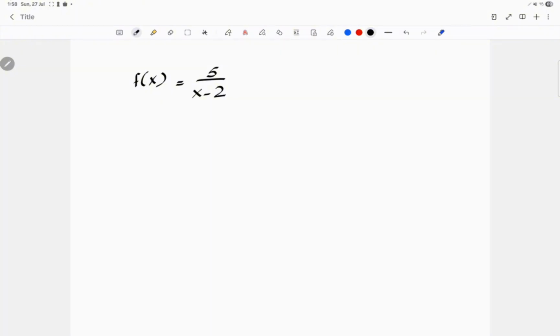I'll get a 0 on the bottom. Is that okay? No. If I place a 2 in the denominator, I'll get a vertical asymptote, which is not okay.